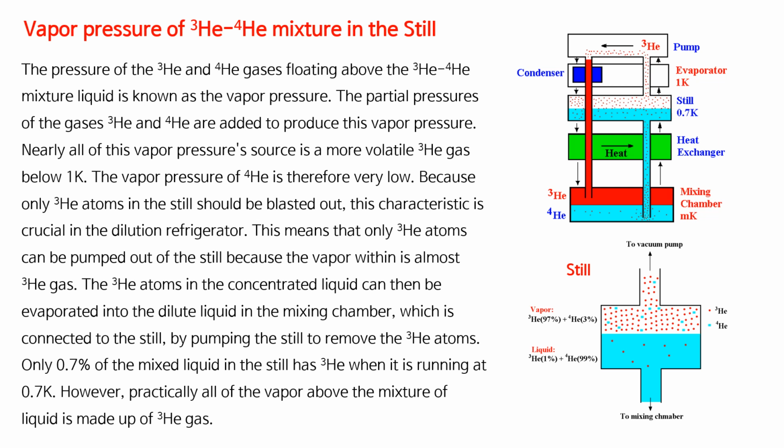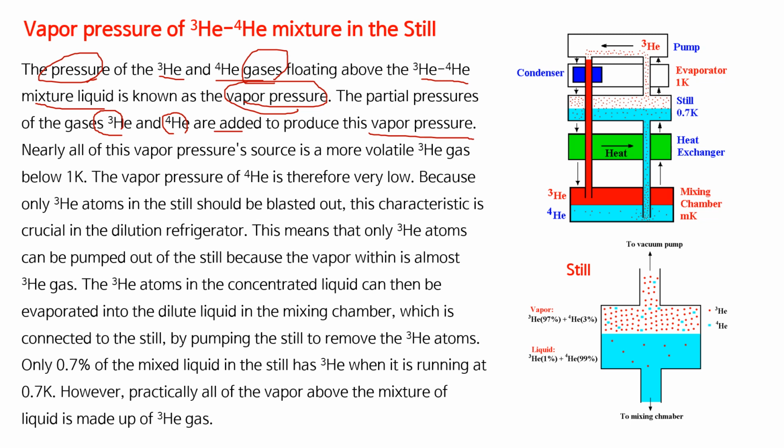The pressure of the helium-3 and helium-4 gases floating above the helium-3, helium-4 mixture liquid is known as the vapor pressure. The partial pressures of the helium-3 and helium-4 gases are added to produce this vapor pressure.